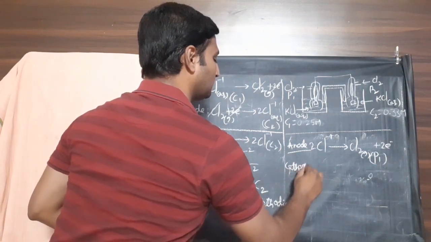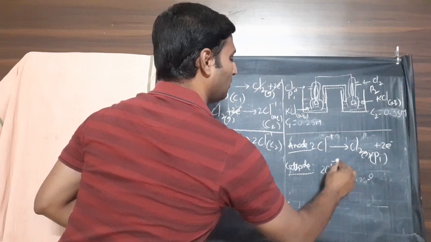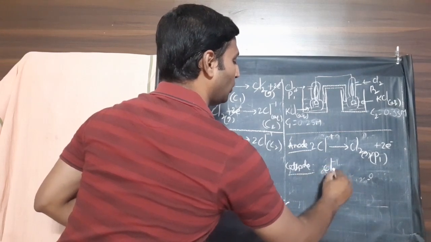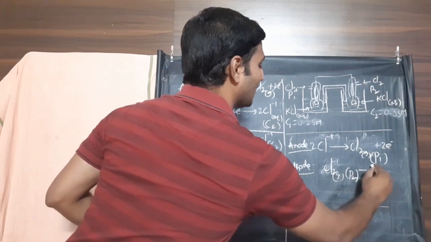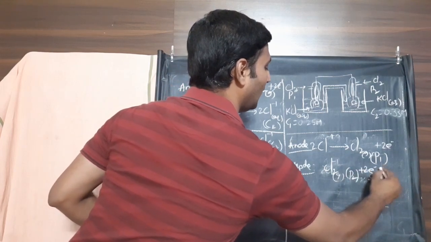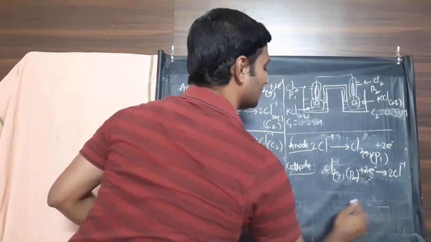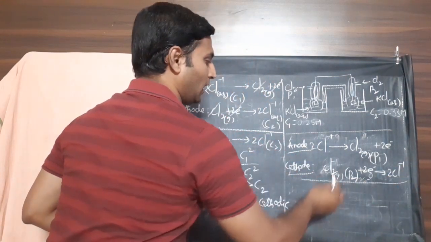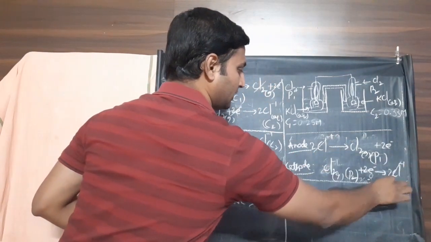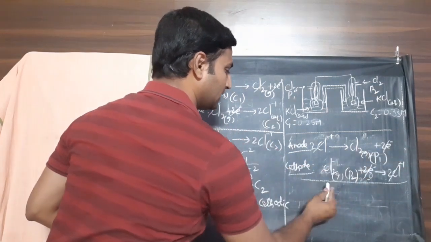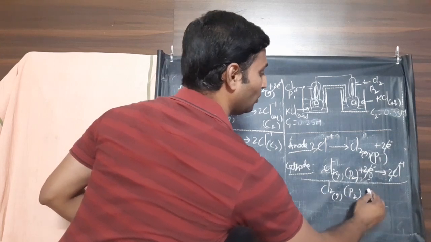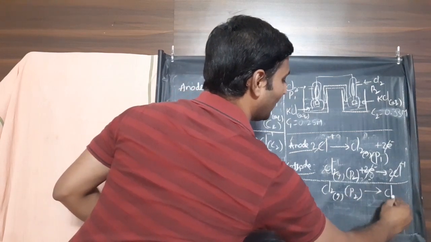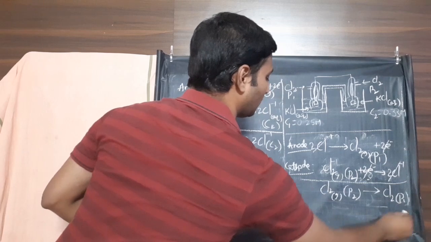In cathode, the chlorine gas, which has a partial pressure of say P2, has to gain electrons and become Cl minus. Now let us write the overall reaction. Since chloride ion concentration is constant, let me cancel on both sides. Then you get chlorine gas with partial pressure P2 gives rise to chlorine gas with partial pressure P1.